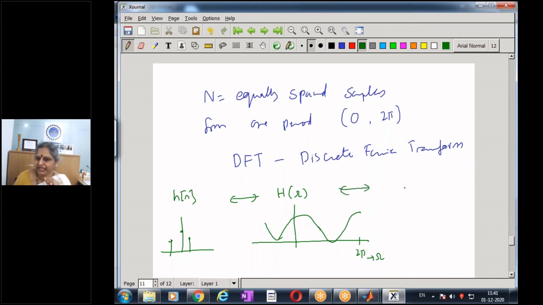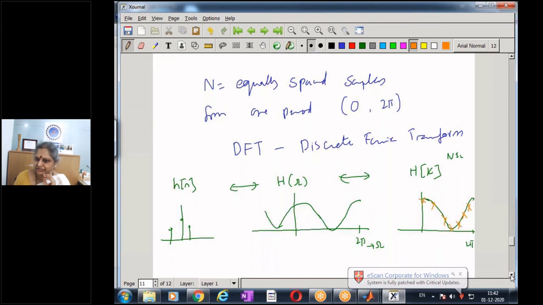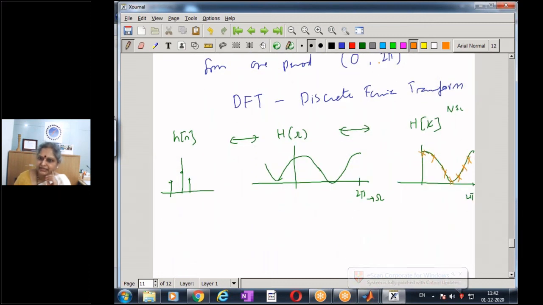And when I take n samples from this periodic spectrum of 0 to 2 pi, say I take n equally spaced samples in the interval 0 to 2 pi, I get h of k.